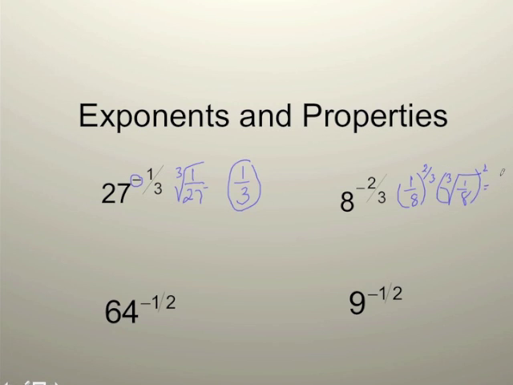Well, that's 1/2 squared, which is 1/4. 64 to the negative 1/2 power: the negative will make it 1 over 64 to the 1/2 power, which is the square root, so 1/8. 9 to the negative 1/2 would be 1 over 9 to the 1/2, and the 1/2 power is the square root, so the square root of 9 is 3, and this is 1/3.